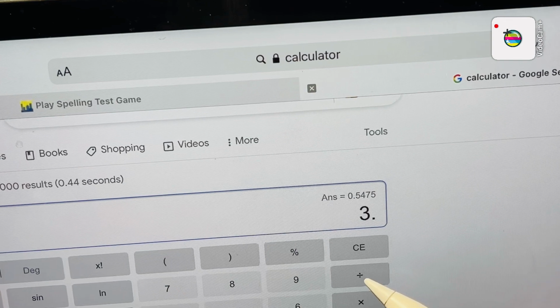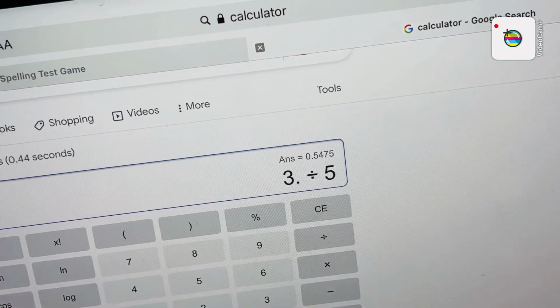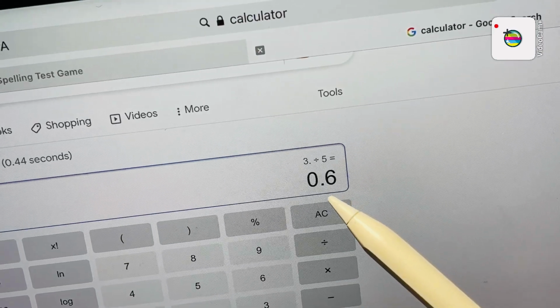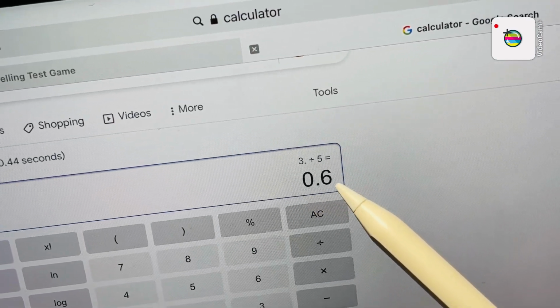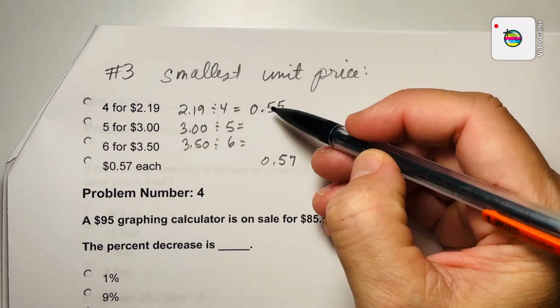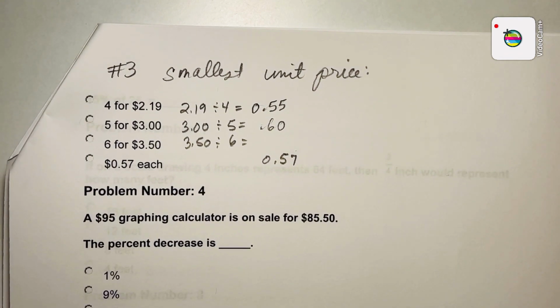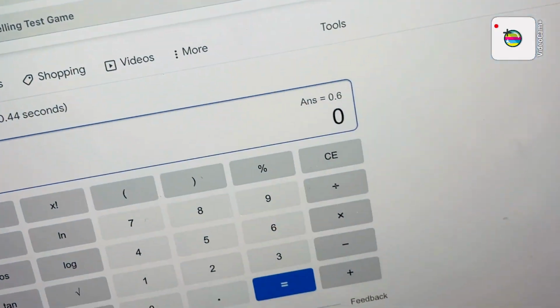You don't have to put this 0 by 5. And this is 60 cents. When it only has one decimal place, you add the 0 on. And then the last one is 3.50 divided by 6.